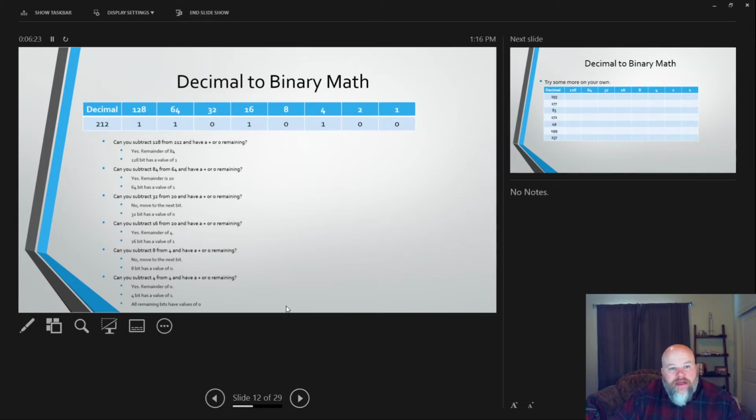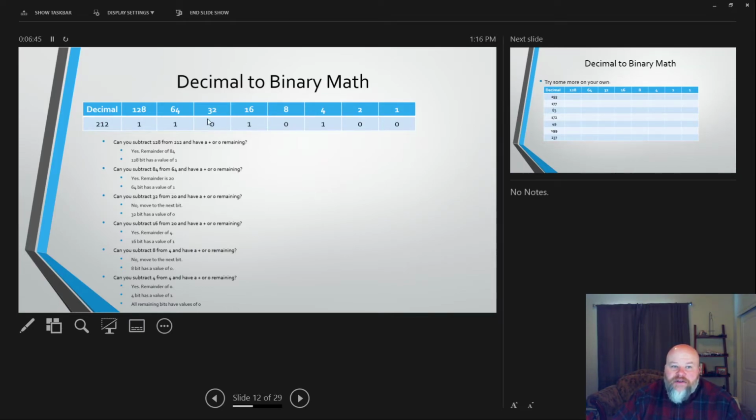If you didn't follow that, let's read through that again. 212. Can we subtract 128 from 212 and have a positive or 0 remaining? Yes, and we have a remainder of 84. Can we subtract 64 from 84? Yes, we have a remainder of 20. Can we subtract 32 from 20? No, we can't.